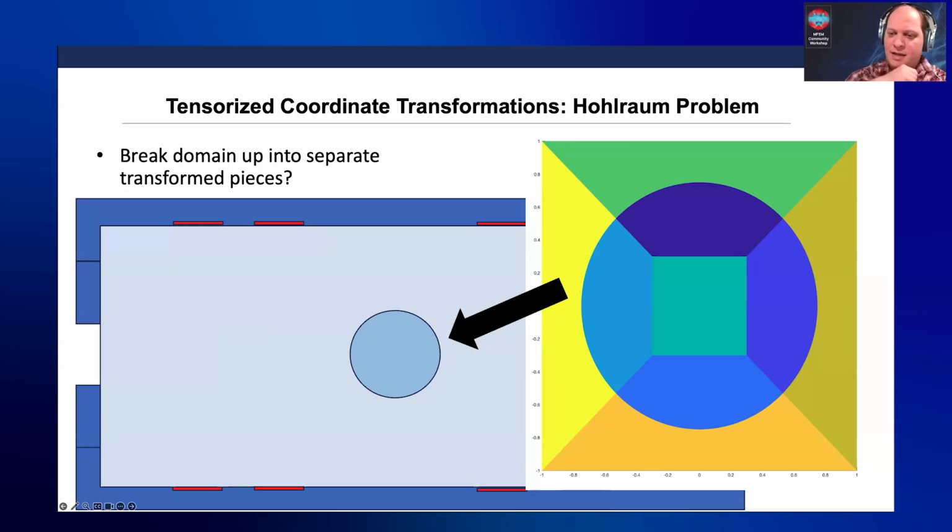This is why I'm so interested in coordinate transformed meshes. If I take this circle and re-represent it using this H mesh, each of these blocks that are different colors is a logically Cartesian grid.